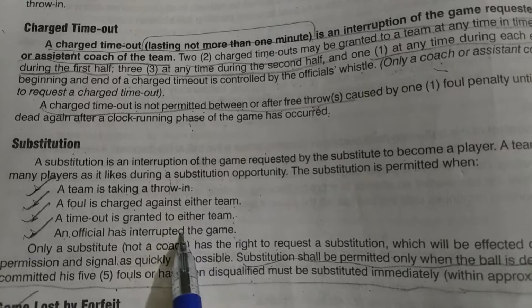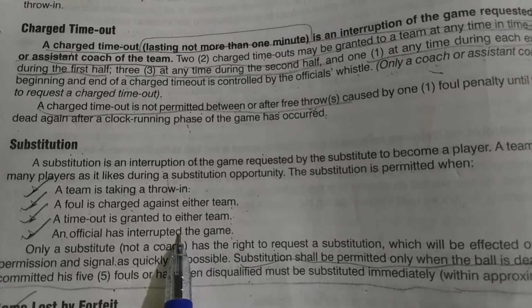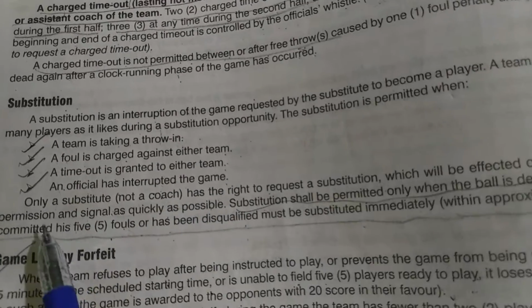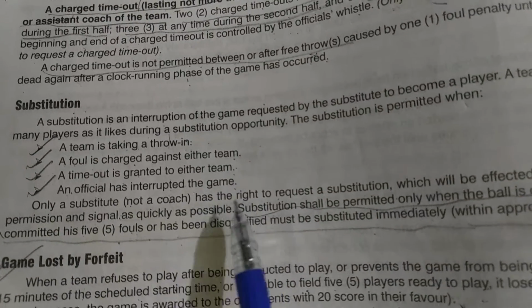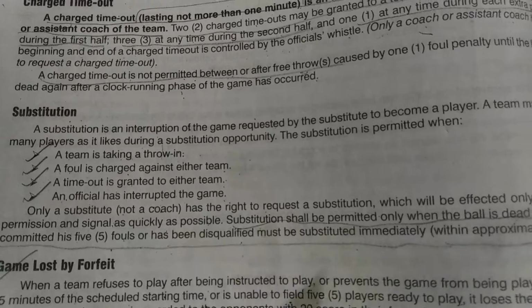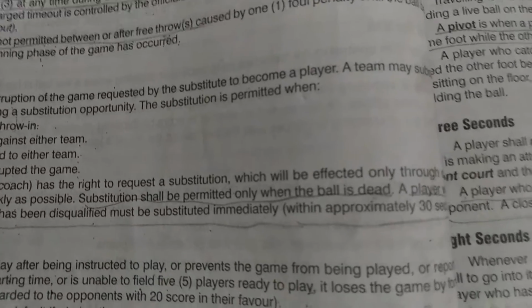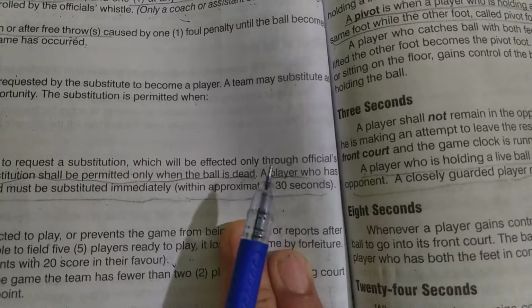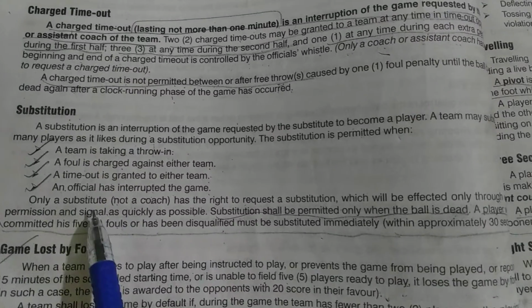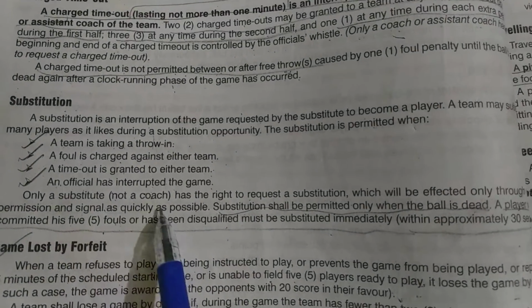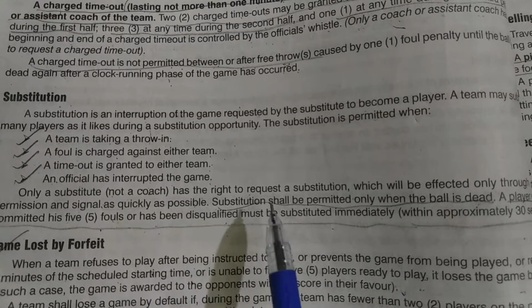So these are the conditions. Substitution is permitted. Only a substitute, not a coach, has the right to request a substitution, which will be effected only through the officials' permission and signal as quickly as possible.